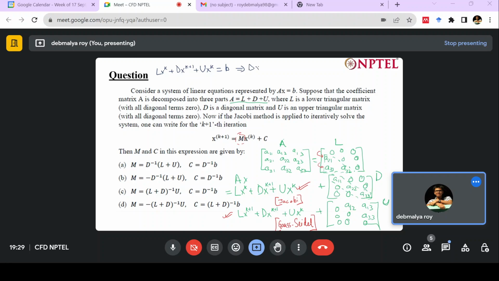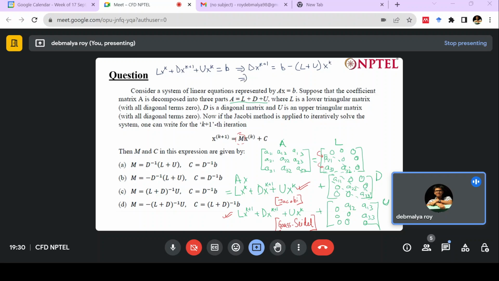So D x_{k+1} remains, and other than that we have b minus, sorry, not L, this is L plus U, (L plus U) x_k.